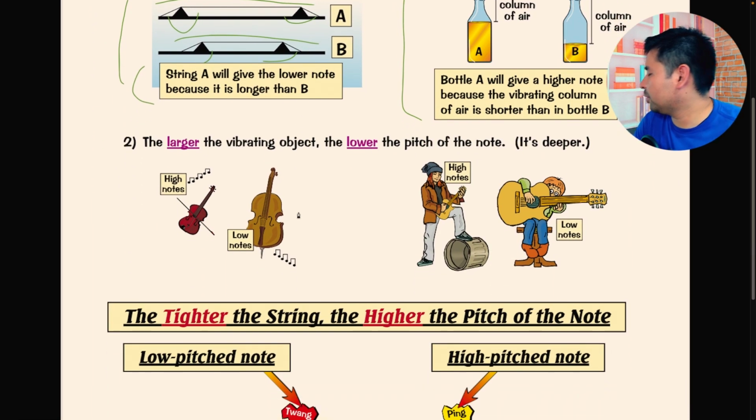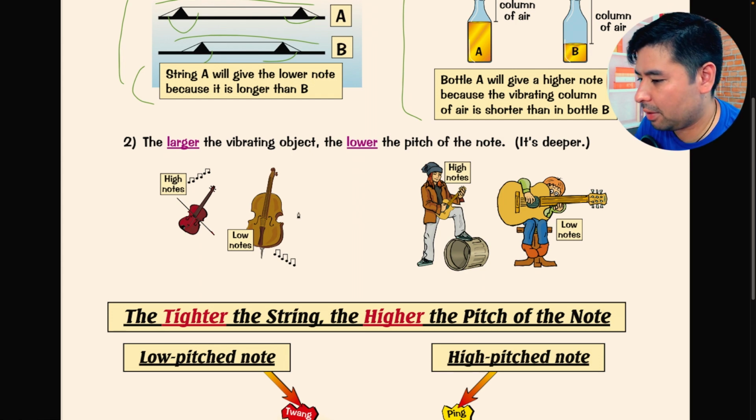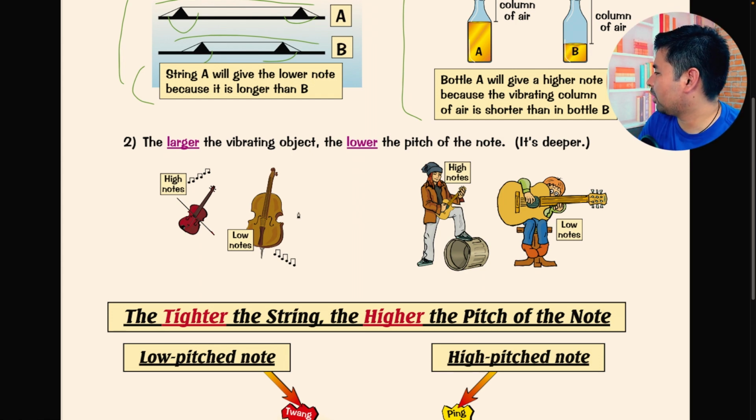And we have number 2. The larger the vibrating object, the lower the pitch of the note. It's deeper. So, let's understand that, yeah? The larger the vibrating object, the size of the object, the lower the pitch, like the tone, yeah?